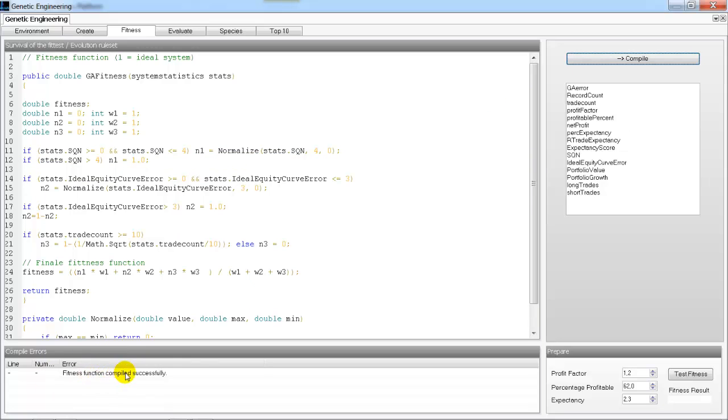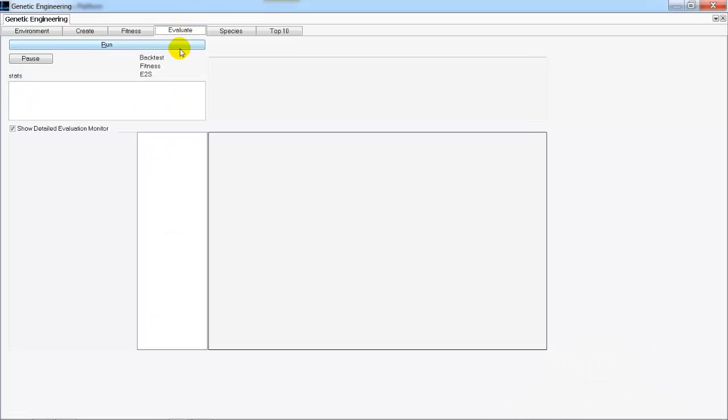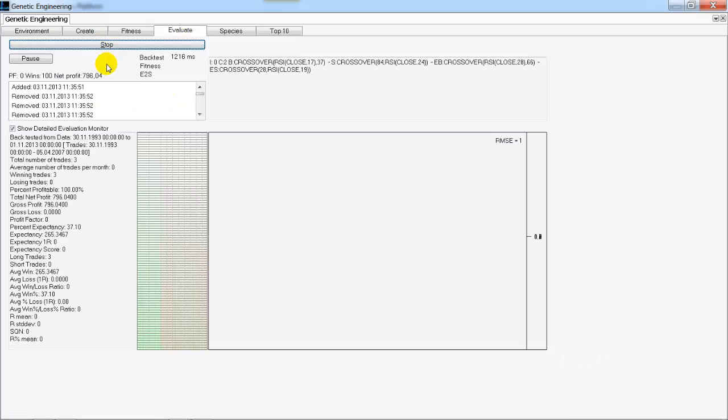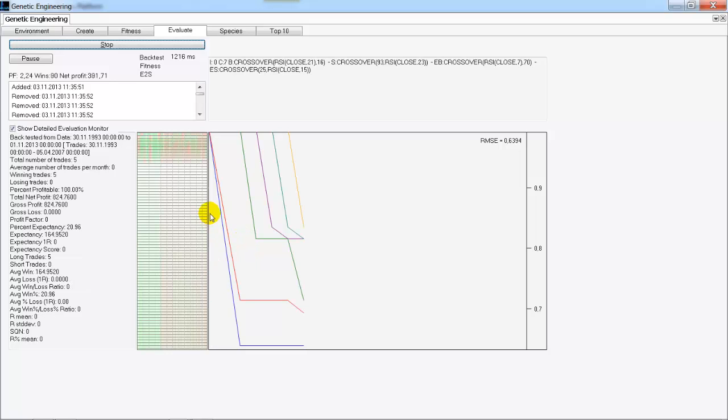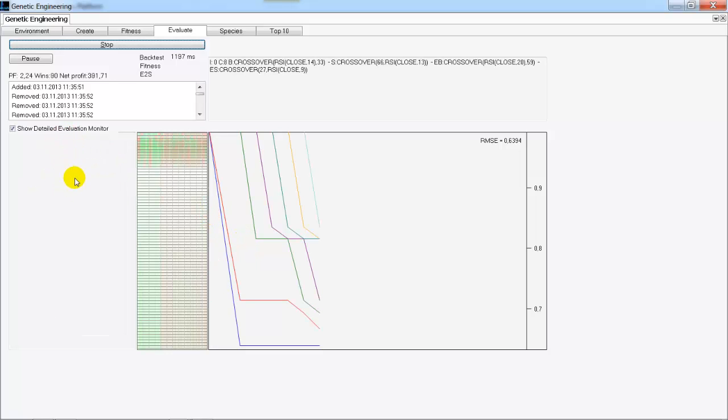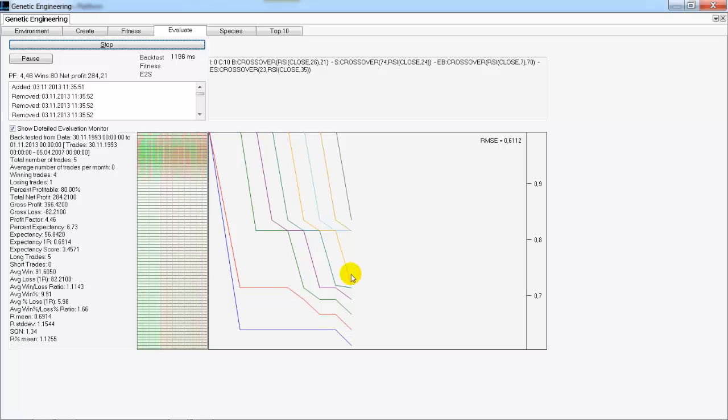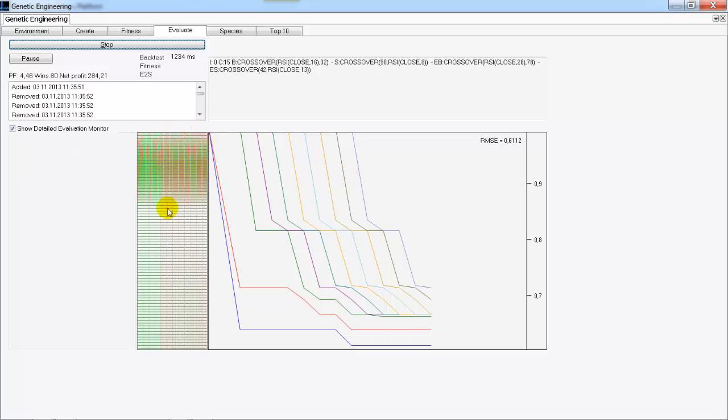So and just we start to compile. So now the fitness function compiled successfully, and then we can start to run it, and you see the inner parameters of what is happening here. So now the genetic algorithm is running here, and you see some snapshots from the inner engine, what has happened here, and you see the genomes arrive, and you see what's happening in there.